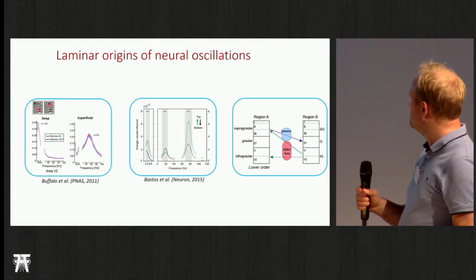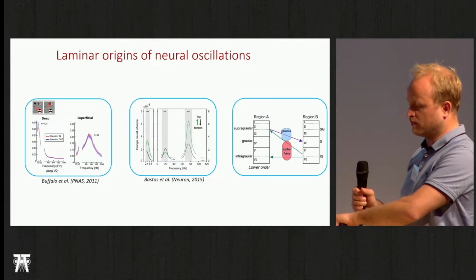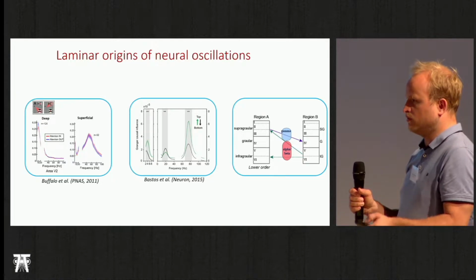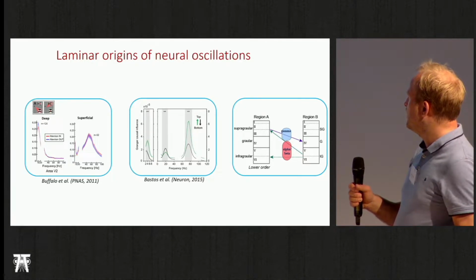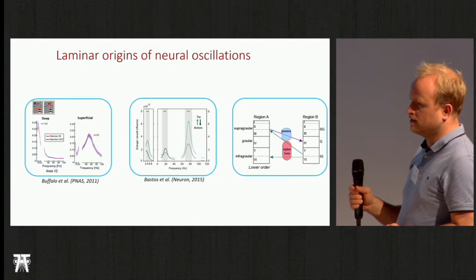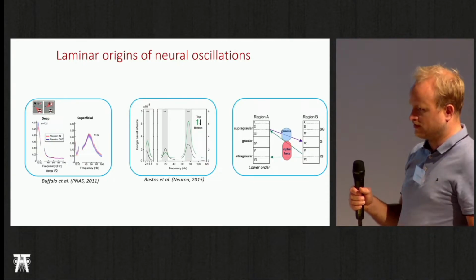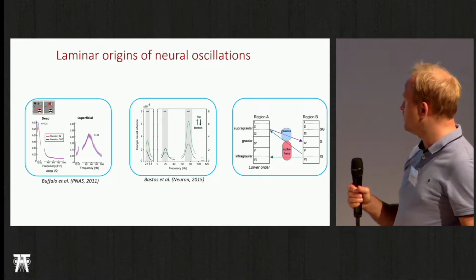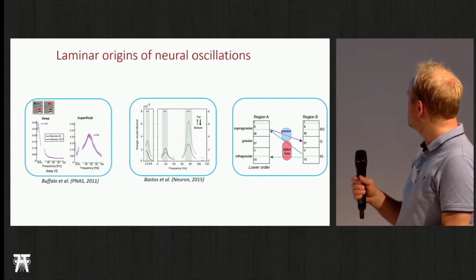The idea is that the high frequencies, the gamma band, are more related to a bottom-up feed-forward flow of information, for instance from V1 to V2 to V4, while the low frequencies in the alpha and beta range are more related to the opposite direction, going from higher order regions to lower order regions. It's more or less depicted here.